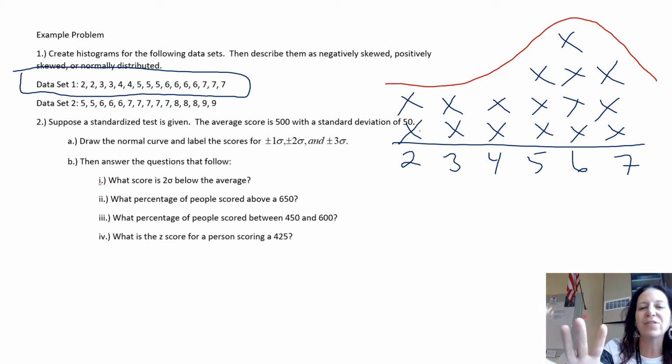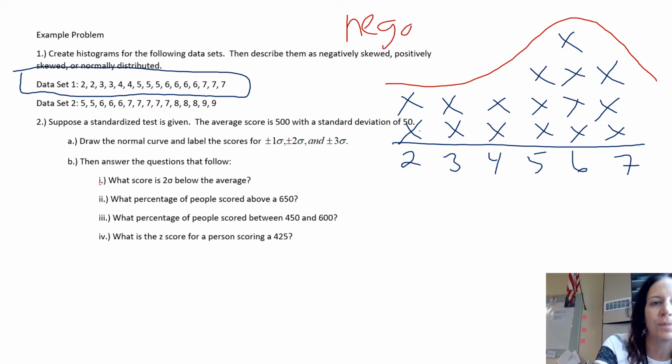This always messes with me because I always want to look at the lump, and you don't look at the lump, you look at the tail. The tail of this data, the direction of the taper, is towards the negative numbers. It's pointing towards the negative. And so this particular one is what we call a negative skew.